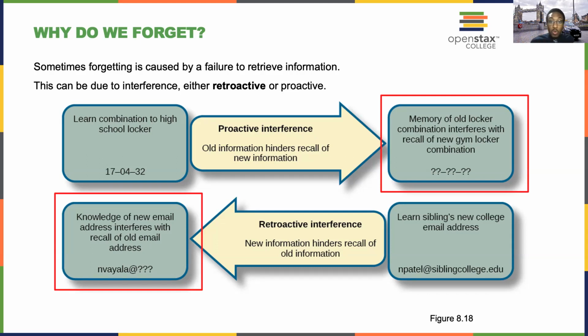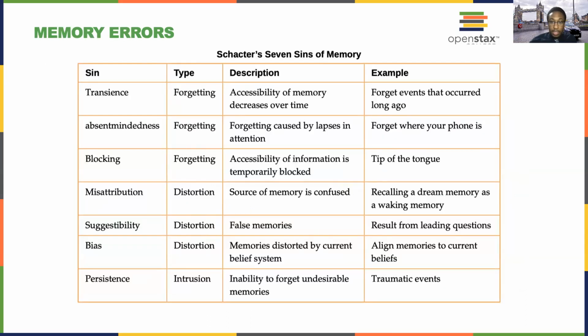So you have some new information, a new email address, and because you're emailing that person very frequently now, and not using their old email address, you forget their old email address because it's not useful to you anymore. So information can pass through periods of proactive interference and retroactive interference over the course of time.